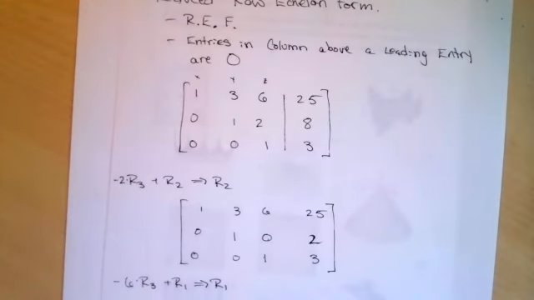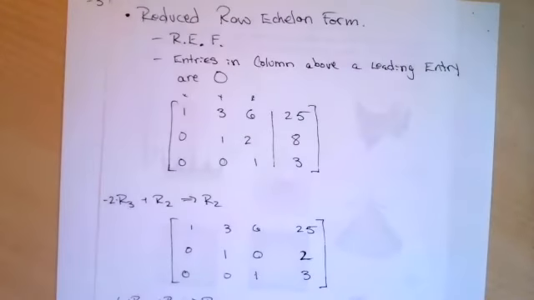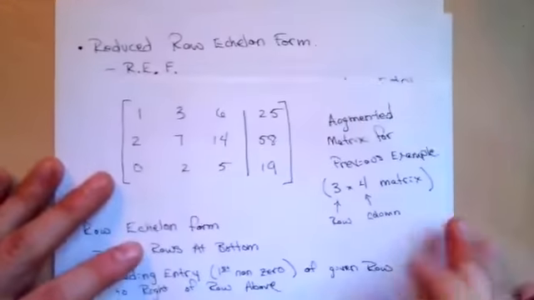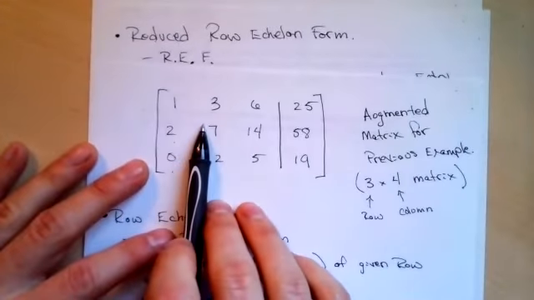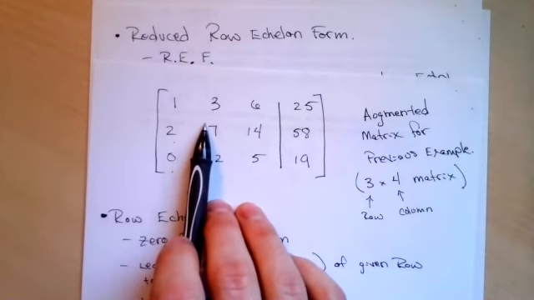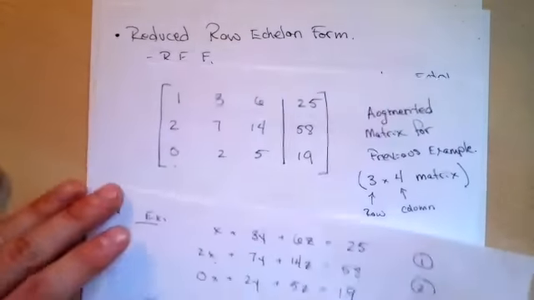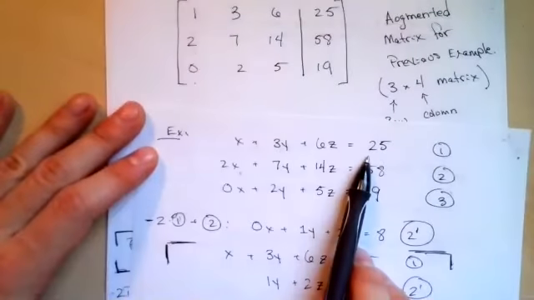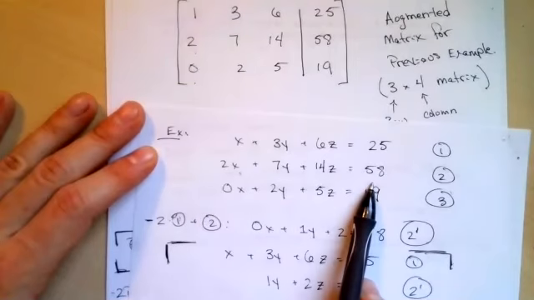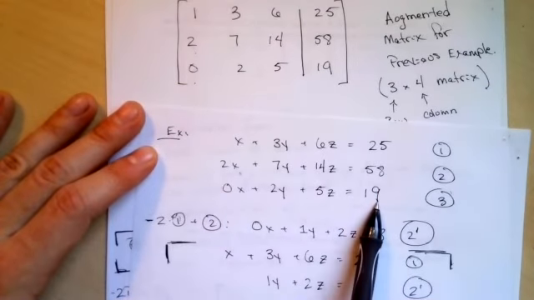Let's take a look real quick and go back through this. So we've got our augmented matrix, reduced row echelon form. Let me keep track of all my pages here. So here was our system of equations. We had 1, 3, 6, 25, 2, 7, 14, 58, 0, 2, 5, 19.